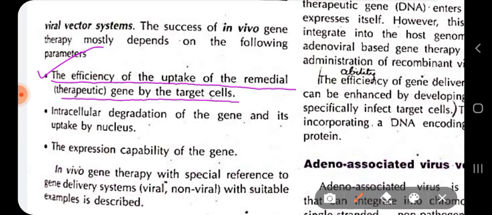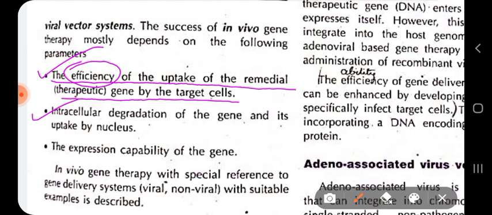Now, what is the efficiency of the target cells to take up our therapeutic gene and properly integrate that gene into their genome and get it expressed there? So it depends on the efficiency of the target cells where we are allowing our therapeutic gene to enter. That is the first feature, which has to be efficient, more efficient. If it is less efficient, then this type of approach will be problematic.